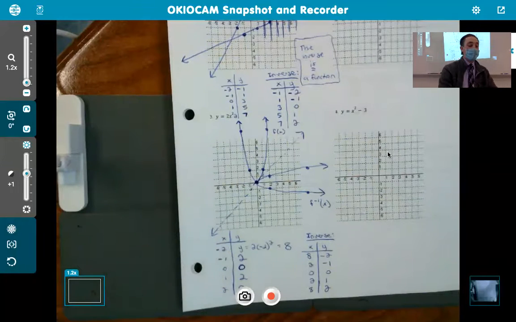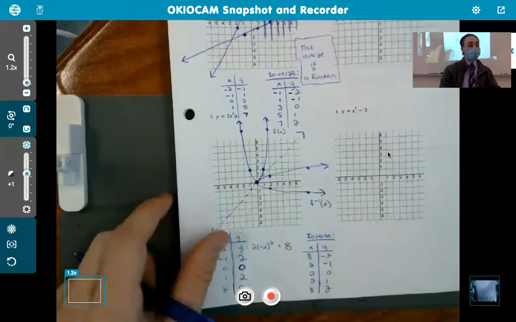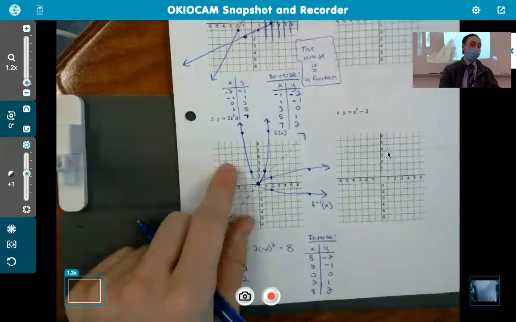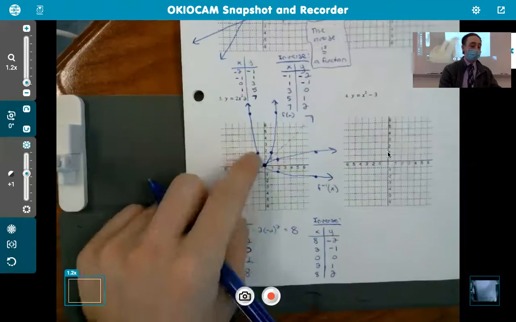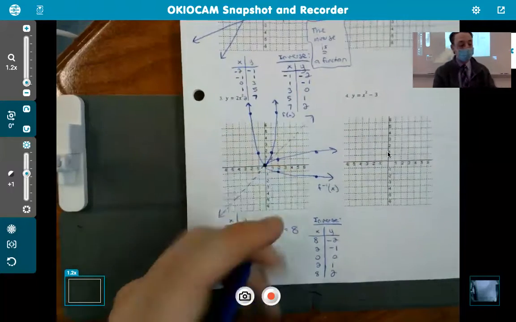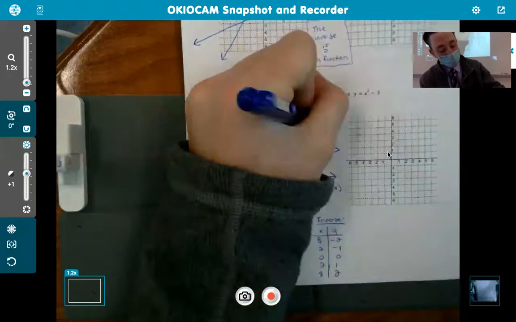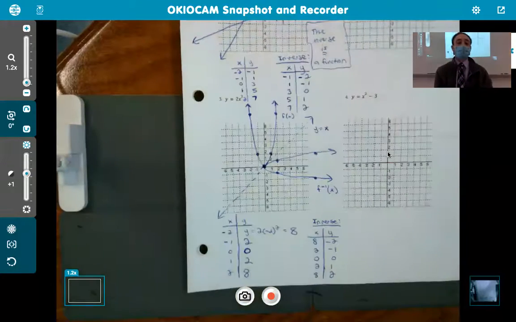It's in your notes. Y equals X symmetry. It's always going to be symmetrical over that line. What that means is if I were to fold my paper along that line, those graphs would overlap. Or if you were to rotate one of your graphs along that line, your graph should overlap. So this is Y equals X symmetry. Something that I want you to keep in mind for what we're going to do in the second half of class a little bit later on, all right?